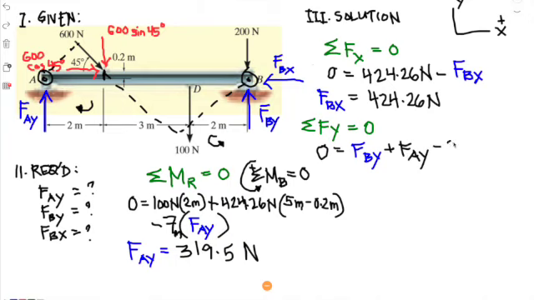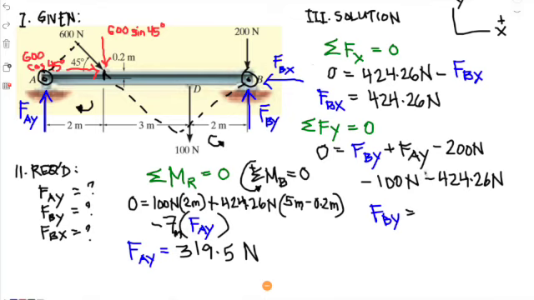So we have 200 newtons, we have negative 100 newtons, and we have the Y component of 600 newtons here, which is 424.26 newtons. Therefore, we manipulate this equation and solve for FBY. We get FBY as 200 plus 100 plus 424.26 minus FAY.